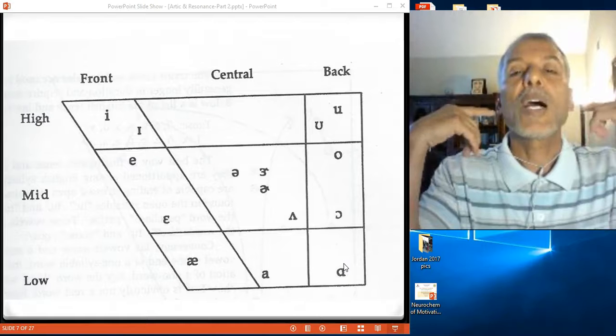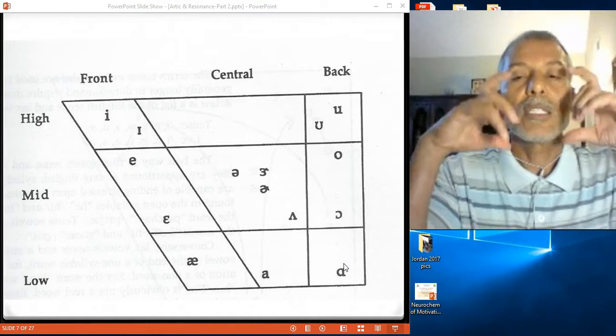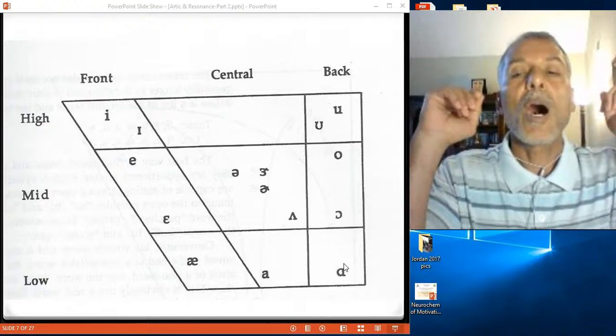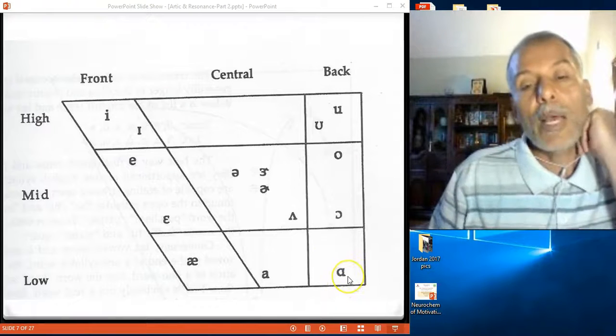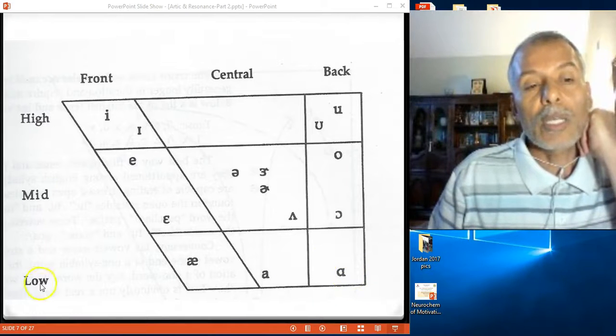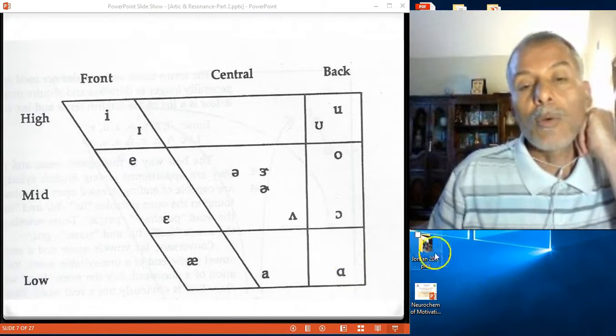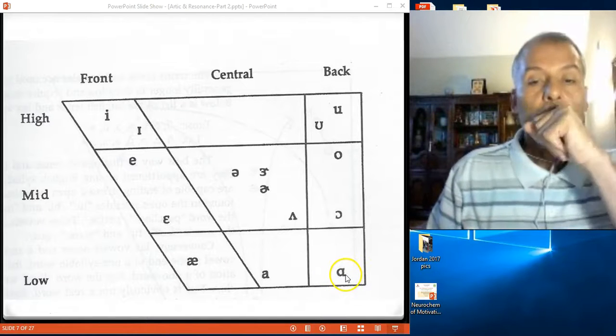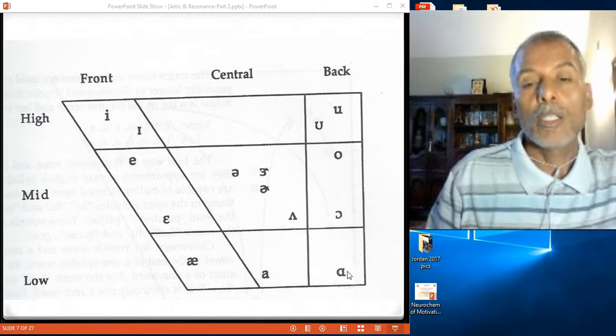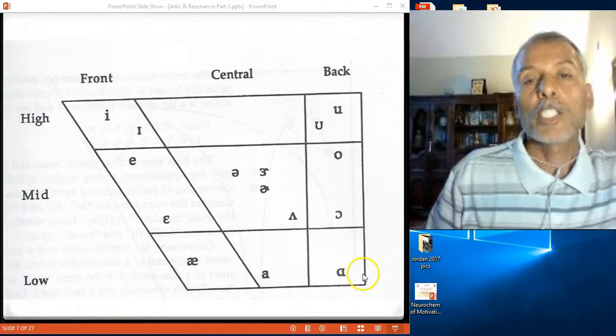And they can see the back of your throat clearly. They can see your faucial pillars when you say ah. This is the lowest back sound in the English language. And it is low back, tense, and unrounded, as you say car, jar, star.